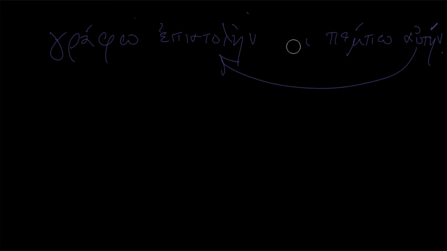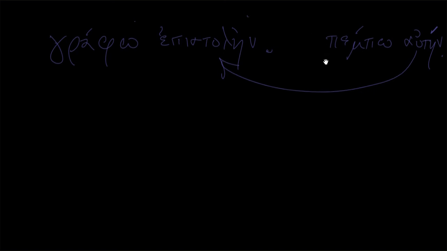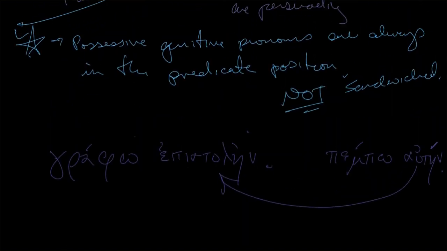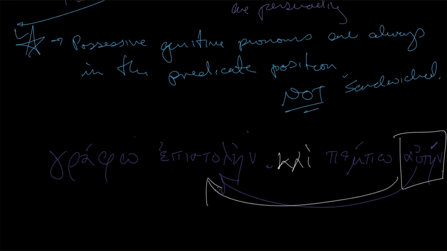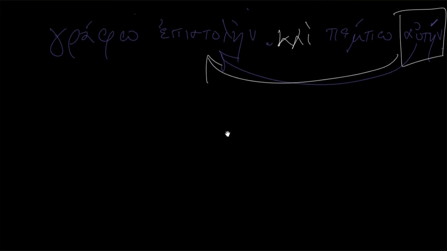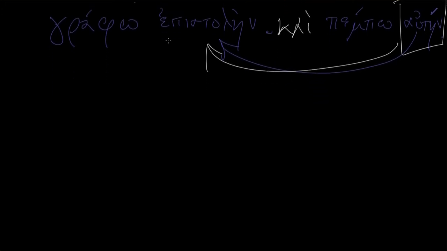Imagine if we actually broke these up into two sentences. I am writing a letter, I am sending it. This would have been just what we were seeing above, a kind of standalone pronoun. But because we have this kai, we've made it effectively one sentence, and now it's referring back, but it's not intensifying, it's just repeating it. It's repeating it again as a direct object. This was the direct object of graphō, and pempō has its direct object as autēn.